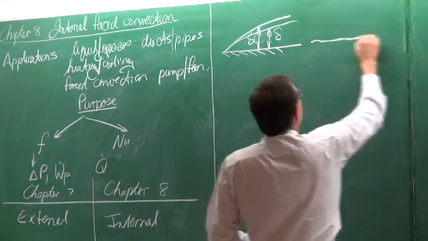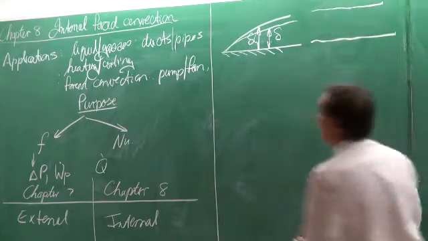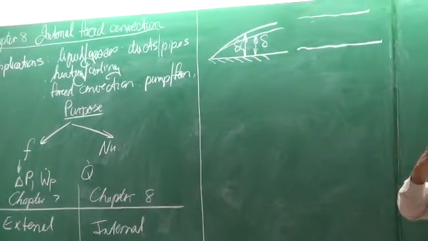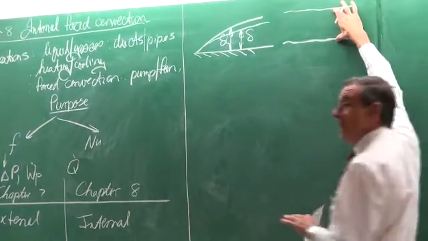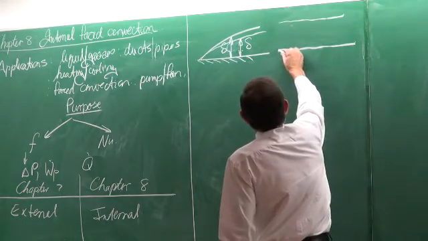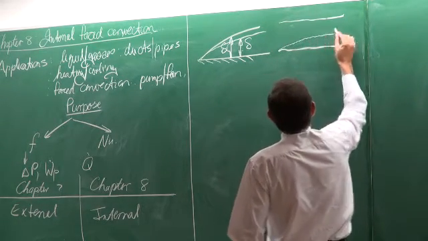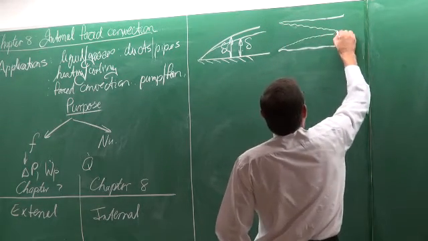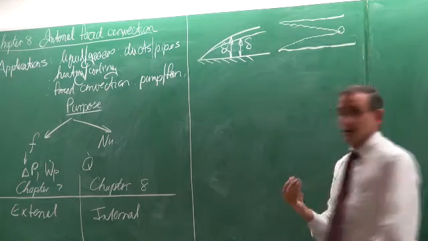While with internal forced convection, the boundary layers are, of course, limited by the two boundaries. The boundary layer cannot be more than the upper boundary. You agree? Normally this boundary layer will grow, and that one will grow, and they will meet each other.